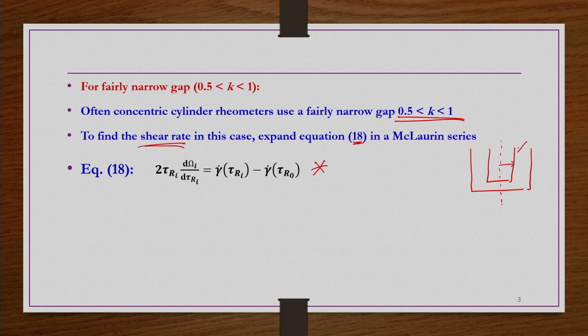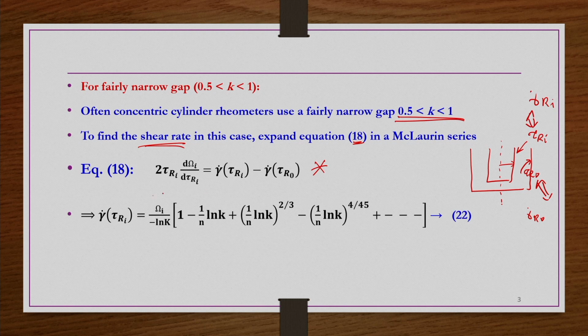If you are measuring shear stress on this surface, then we call it tau Ri. If you are measuring shear stress on this surface here, then we call it tau R naught. Corresponding gamma dots are gamma dot Ri and gamma dot R naught. These are the notations that we used last class and in this class as well.